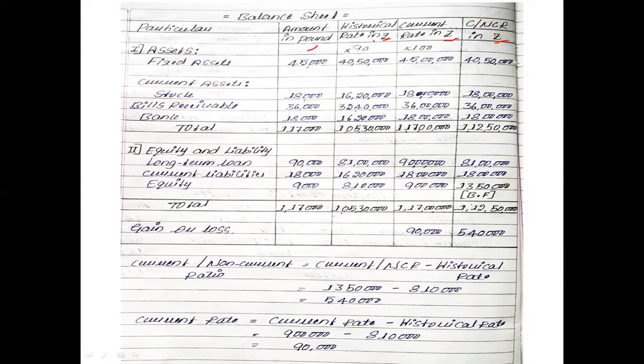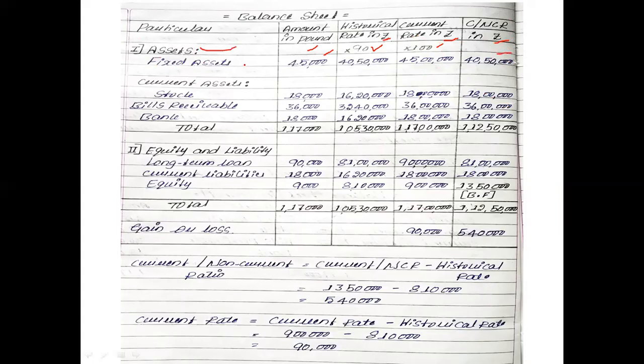When converting at the historical rate, we multiply the historical rate by the pound, and for the current rate, we multiply the current rate by the pound. In the current and non-current method, items that are current should be taken at the current rate, and items that are non-current should be taken at the historical rate. That's it. So here, first we look at the assets.